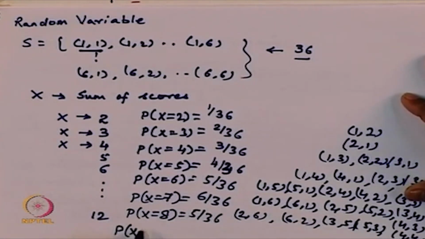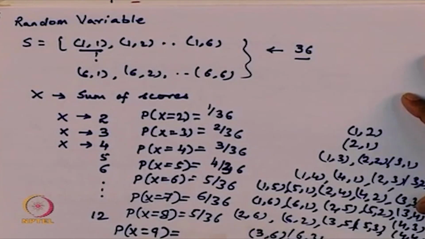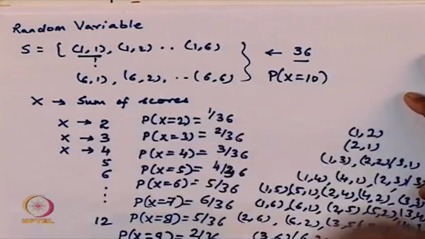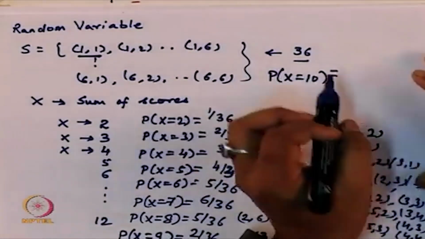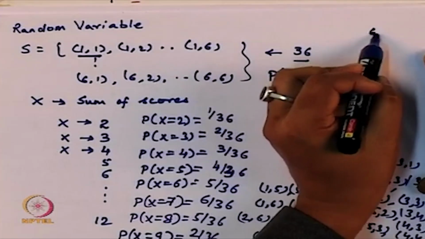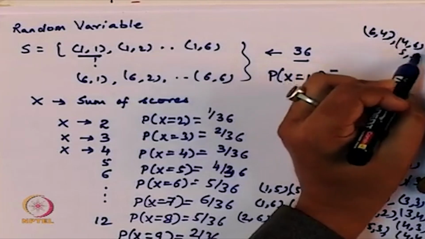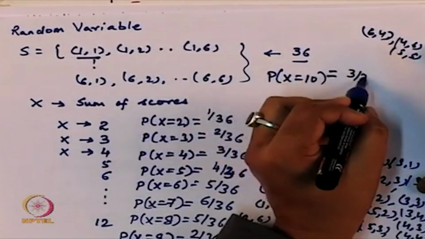Probability of x equal to 9, how will I get 9? I will get 3 6 and 6 3, equal to 2 by 36. Probability of x equal to 10: I have 6 4, 4 6, 5 5, so 3 by 36.